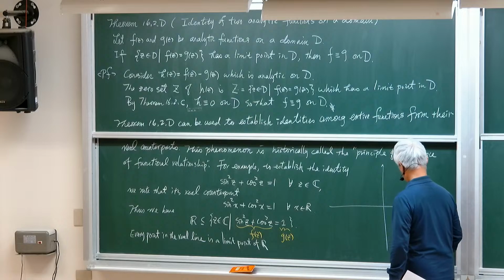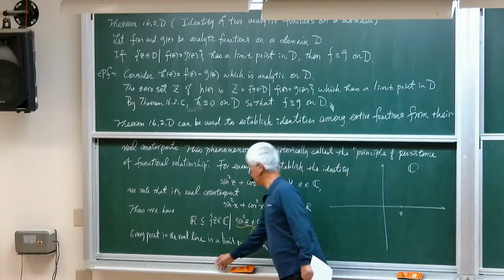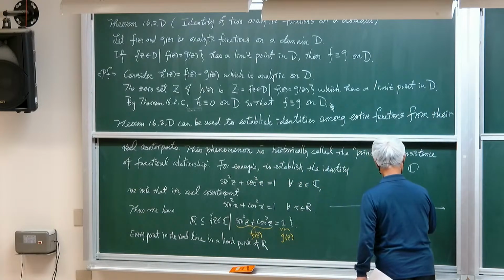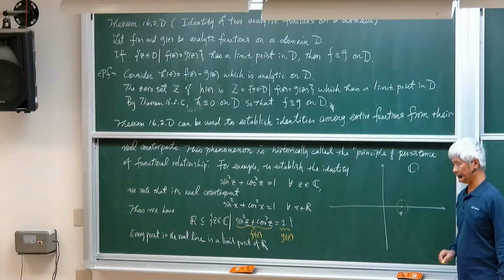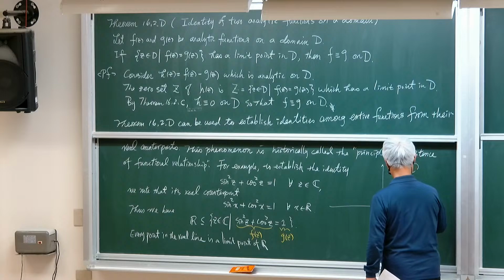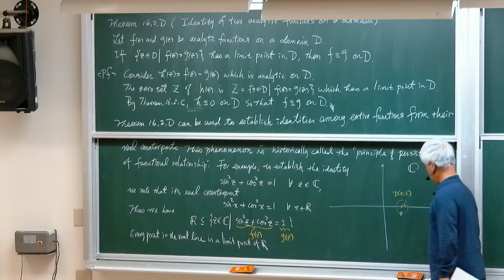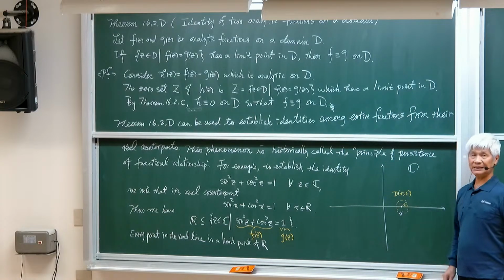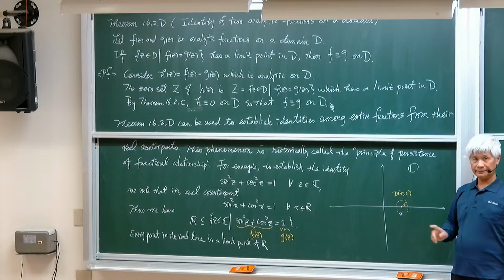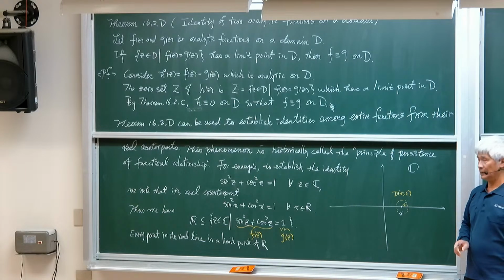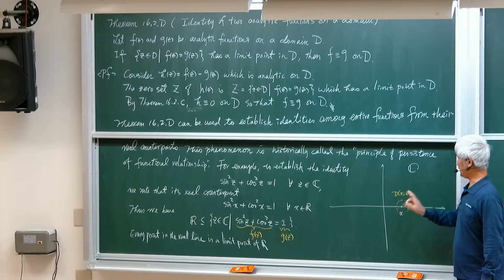Now, every neighborhood of this point on the real line contains a point on the real line different from x.